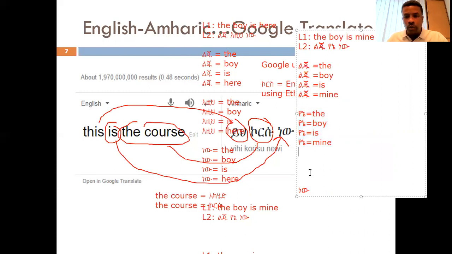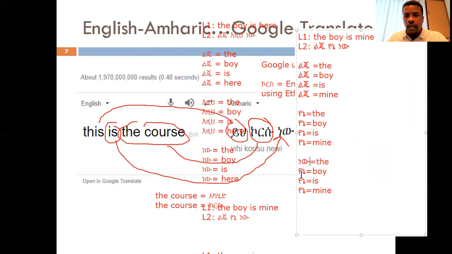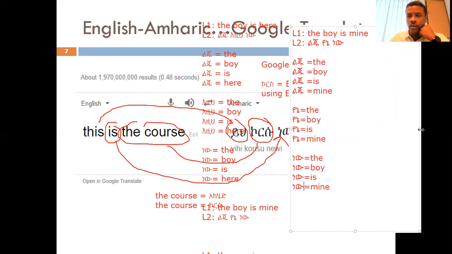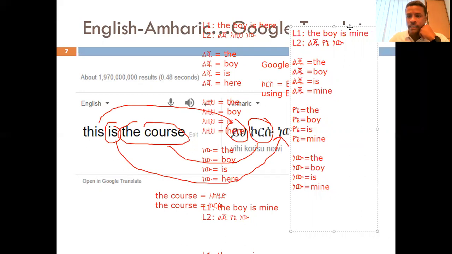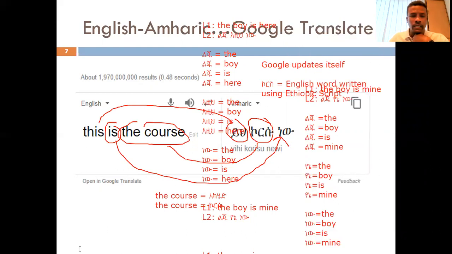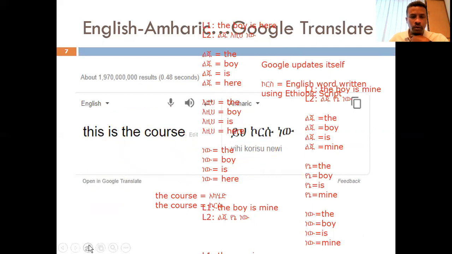Now ደግሞ can be any of these. Now the question that we have is, between this second sentence and the first sentence, what common things do we have? Let's clean some of it here. Erase all. Let's have a different pen.